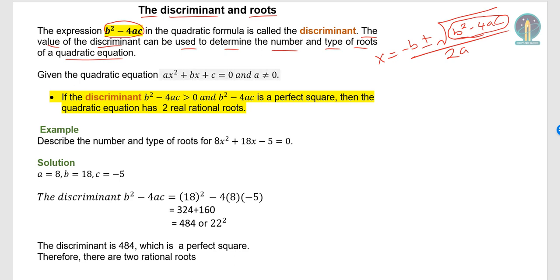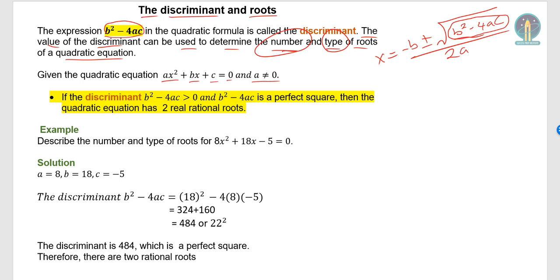Given the quadratic equation ax squared plus bx plus c equals 0, and a is not equal to 0, again, standard form for the quadratic equation, there are 4 conditions for the discriminant. Okay, there are 4 instances of the discriminant which give us 4 different pieces of information on the number of roots, how many roots you have, and the type of roots. Okay, real, rational, irrational, complex, etc.